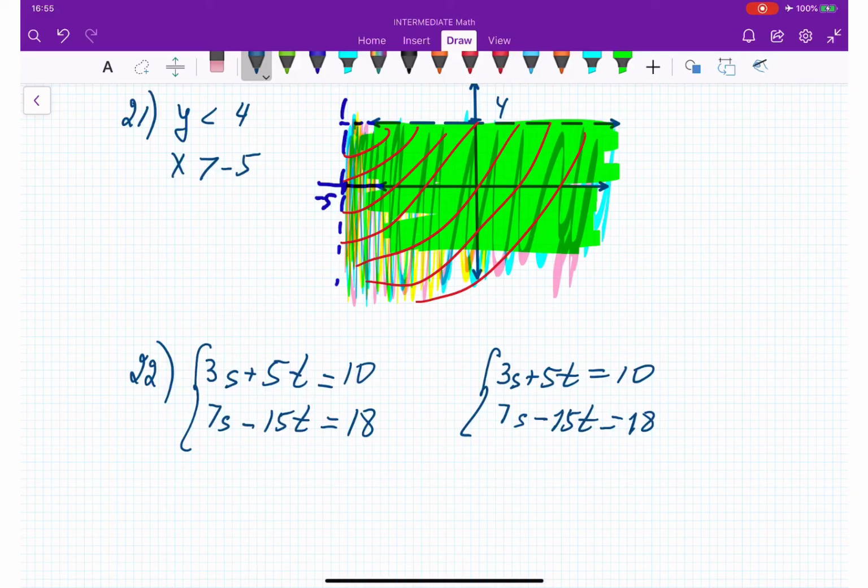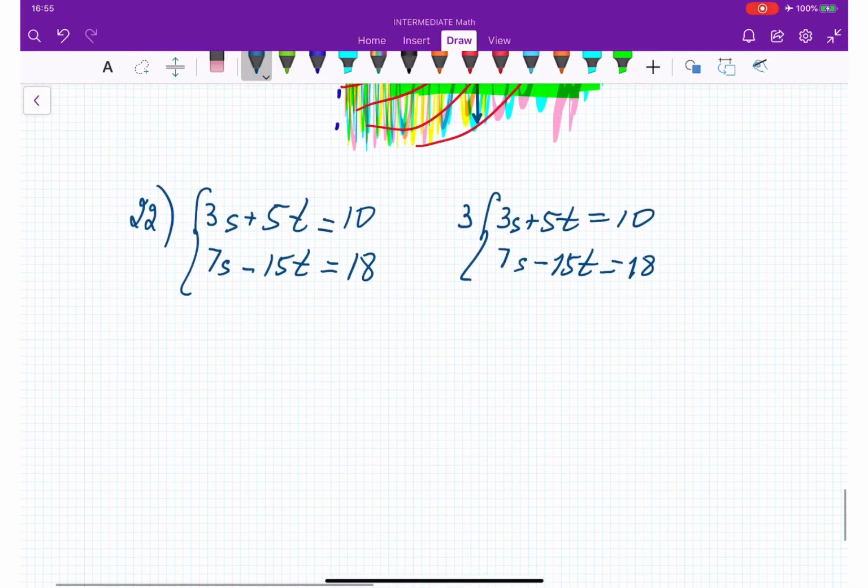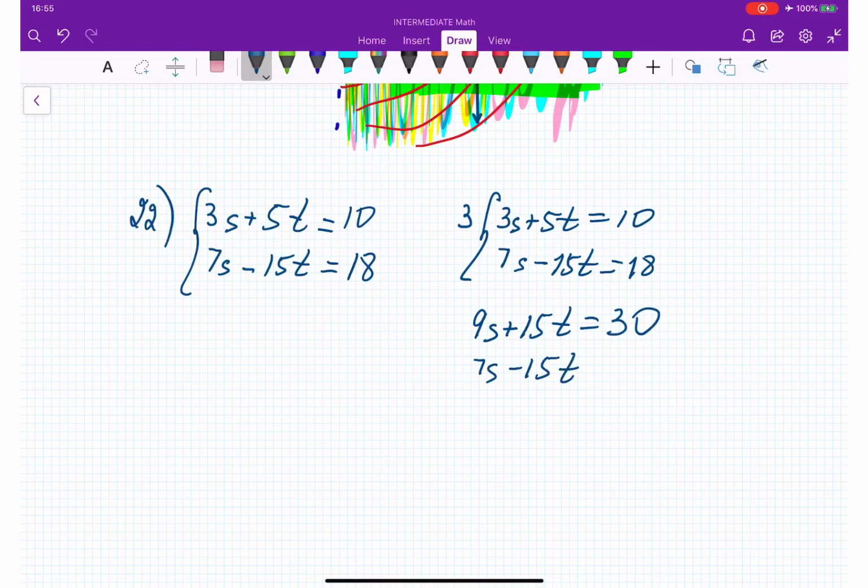So 5t I'm going to bring to the level of negative 15, which means I'm multiplying by 3. So that is equal to 9s plus 15t equal 30. And then 7s minus 15t is equal to 18.